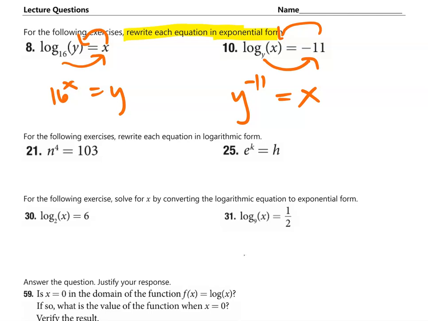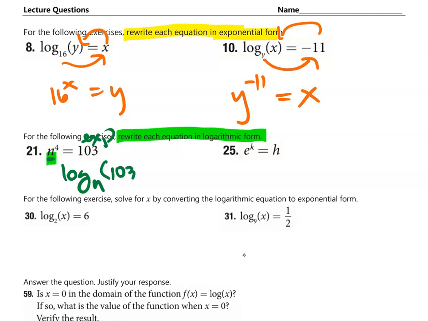Next, for the following exercises, we'll write each equation in logarithmic form. Number 21, n to the power of 4 is equal to 103. So the base here is n. So that's going to be the base of your log, base n. And this is going to be your exponent: log base n of 103 is equal to 4.